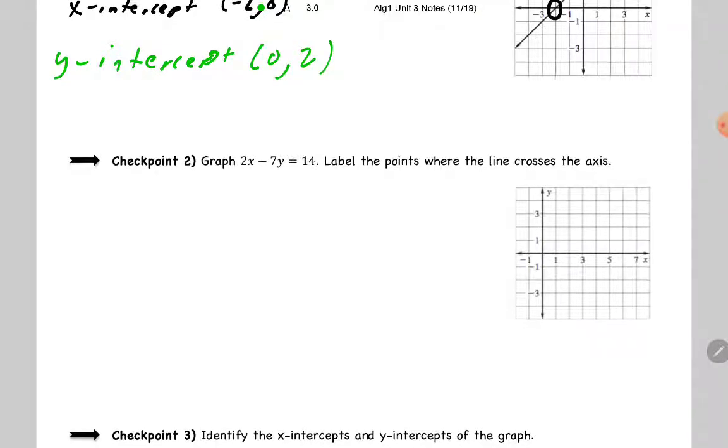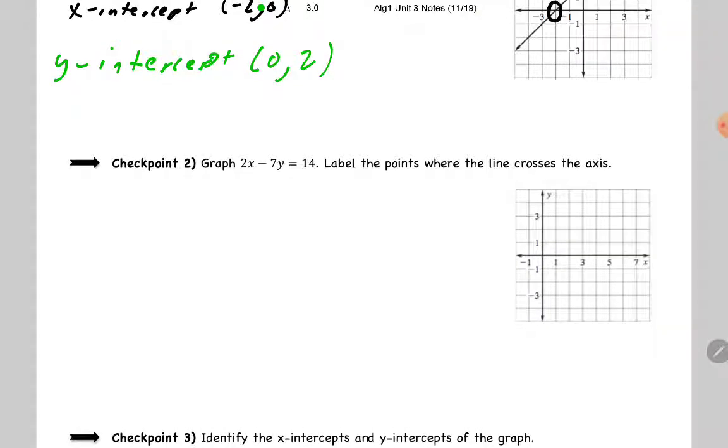All right, here we go. Label the points where the line crosses the axis. Okay, here we go. I guess we'll do the y-intercept first, since I'm in green.